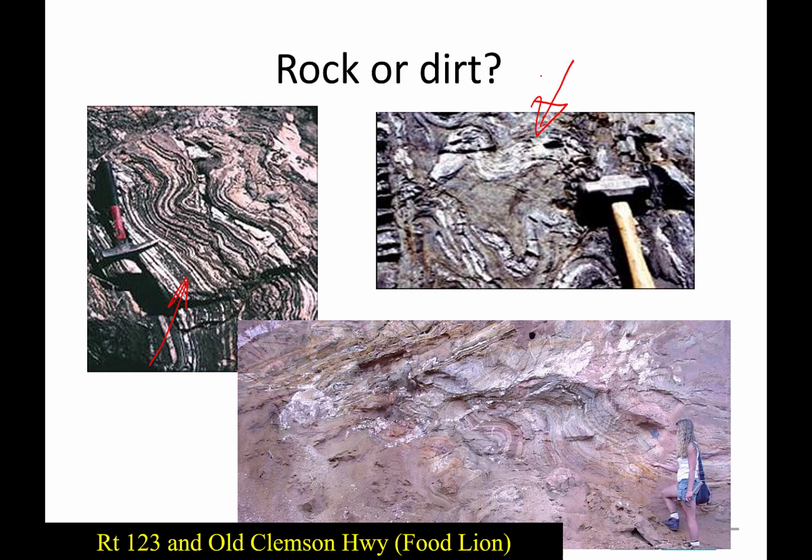They're fresh rock. You can hit them with a hammer, and maybe you could break off a small chunk, but they're pretty strong. But around here in the Piedmont area, what you often find at shallow depths is material that looks like this, shown here in this bottom picture.